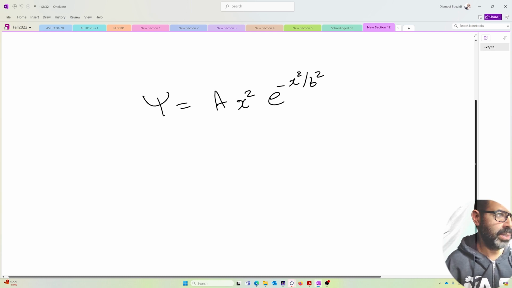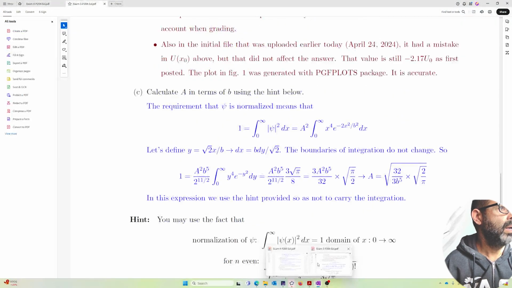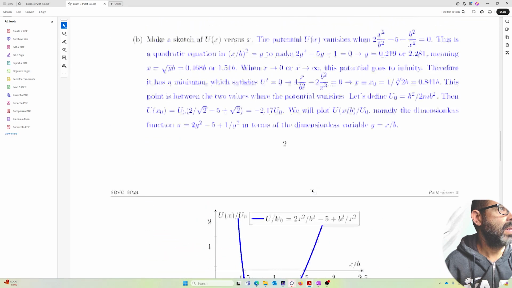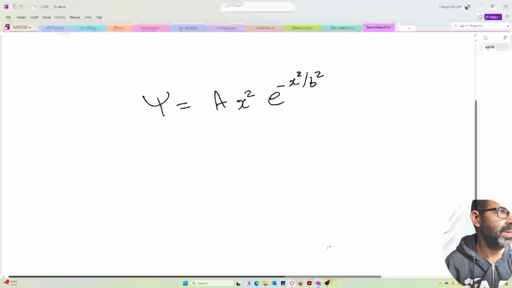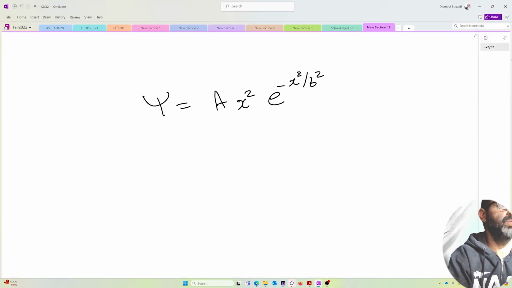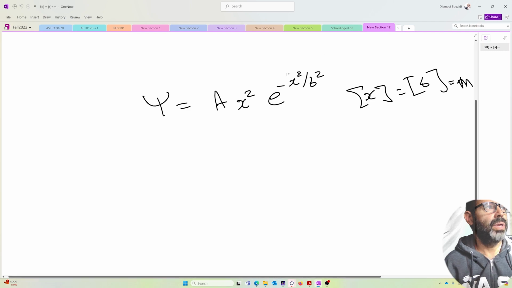Let me quickly look at it to make sure I didn't miss any terms. Yeah, it's A x squared times exponential of negative x squared over b squared. If you're wondering about that b, it's just a scaling factor to make the dimensions work. In other words, the dimensions of x and b are the same, which is usually a length, a meter.